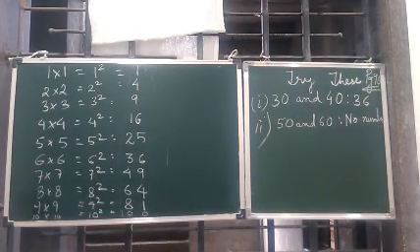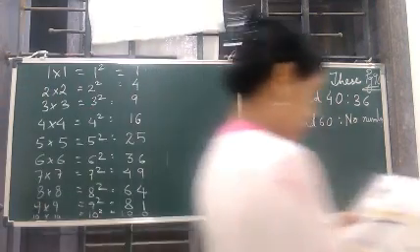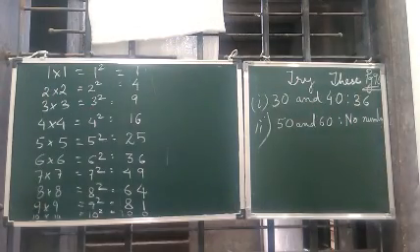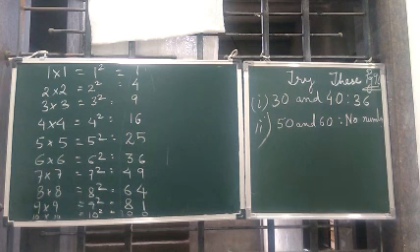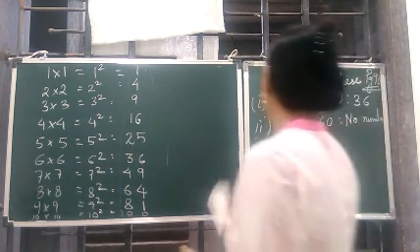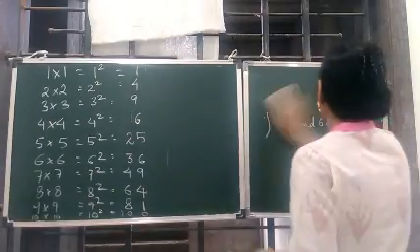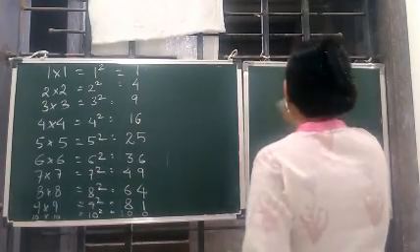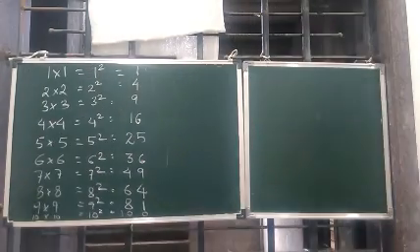Now there are some properties of square numbers. Let's go through them. Before the properties, there is a table once again showing the square numbers from 1 to 20.